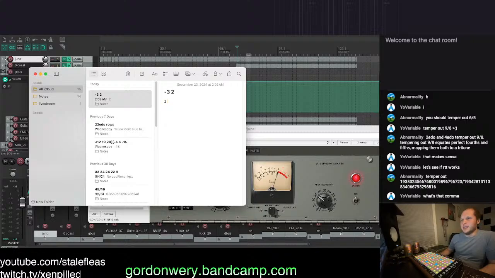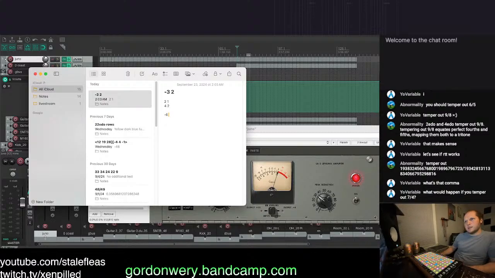All right, so 2 maps 2 to the octave. It would map 1 to the 5th, right? And then 4 would map 4 to the octave and 2 to the 5th, right? So 2 times 3 is -6, 1 times 2 is 2.